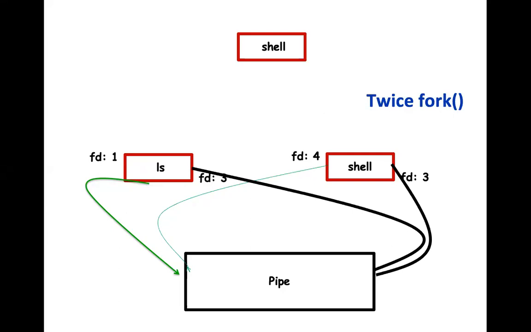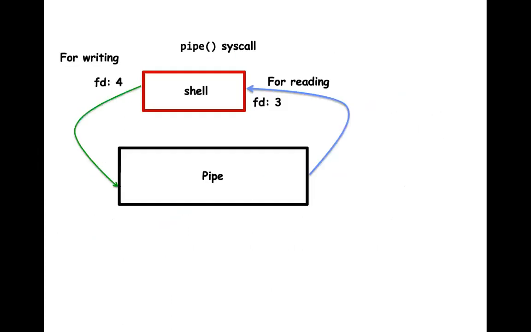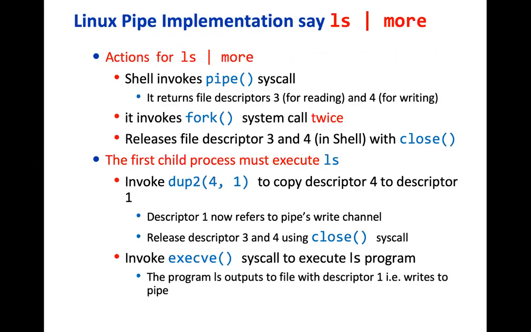What it can do is use a duplicate command: it will duplicate file descriptor 4 as 1. So copy file descriptor 4 into 1.